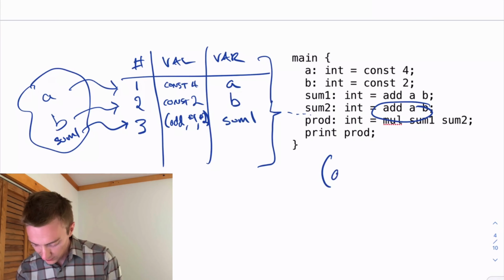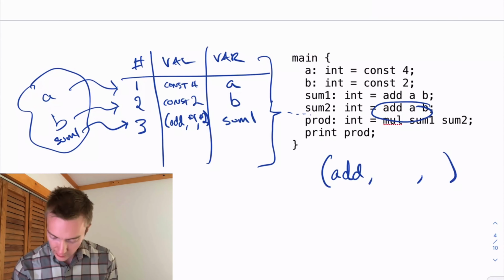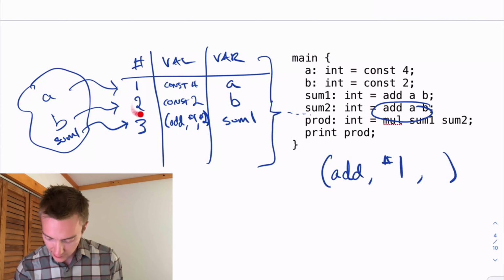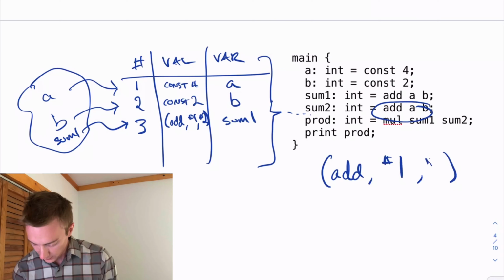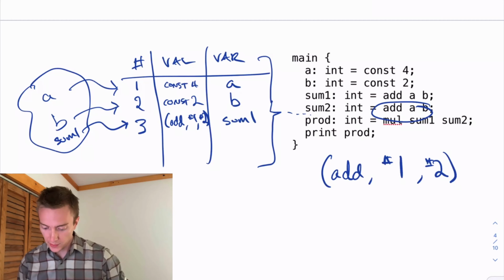So again, that's an add, and it's got 2 arguments. And again, it's going to look at A, look in the cloud, find out that's number 1, still. It's going to look at B, look in the cloud, find out that's number 2, still. And now we have the value tuple that is being computed by this new instruction.